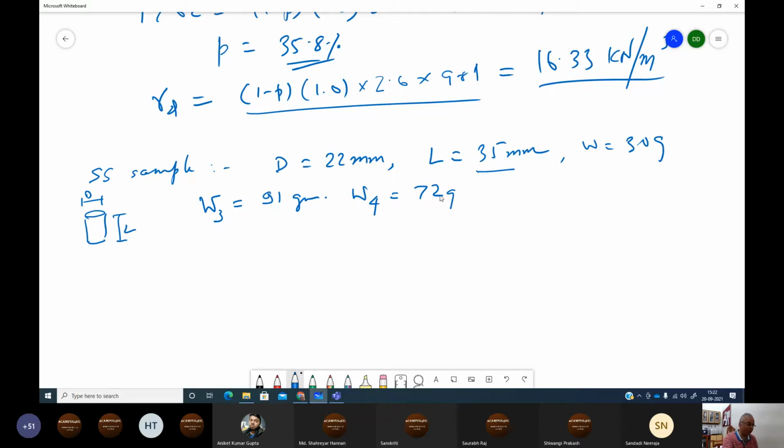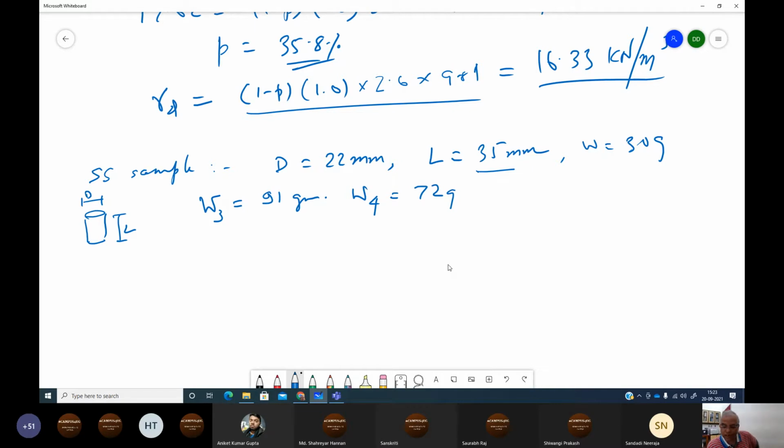This is the net weight. That means the empty bottle weight is taken out. So it is 91 gram and W4 is 72 gram.